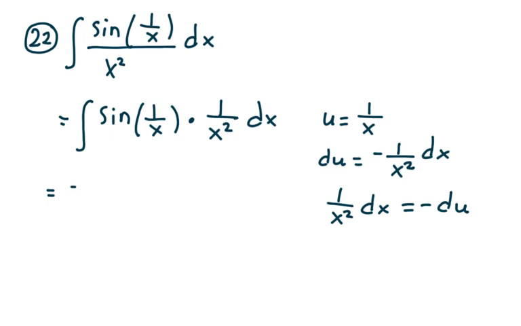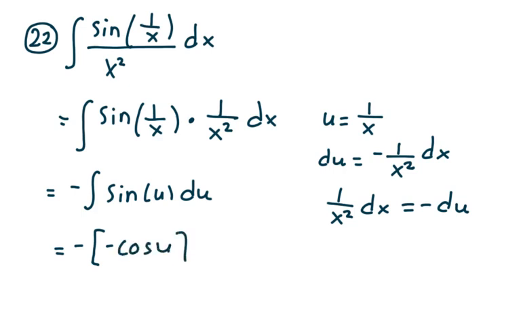And so this is negative the integral of sine of u du. But this is negative of negative cosine u, right, plus c. So the antiderivative of sine is negative cosine, but don't forget we have a negative on the outside. So this all works.